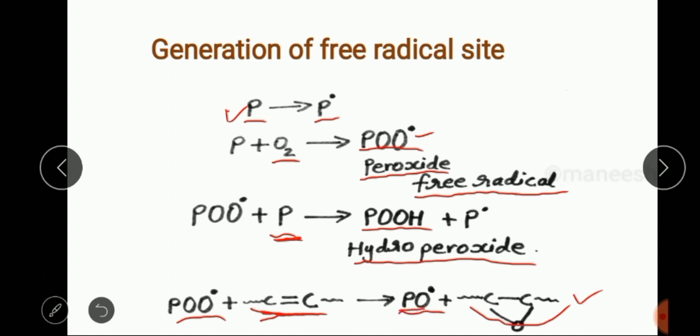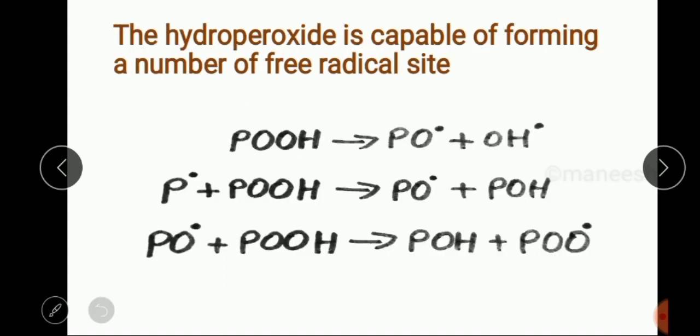Then the hydroperoxide that is generated will give rise to several new free radicals. Now let's see how the hydroperoxide will give rise to other free radicals. POOH will first form PO free radical plus OH free radical.